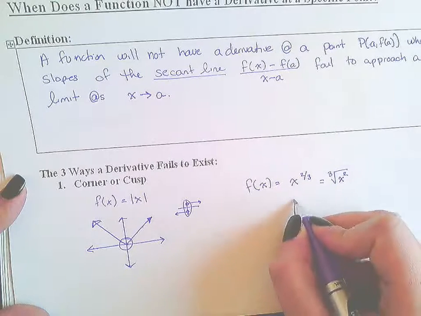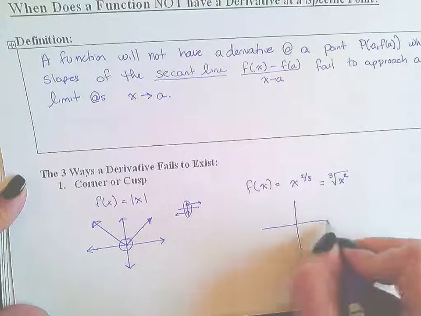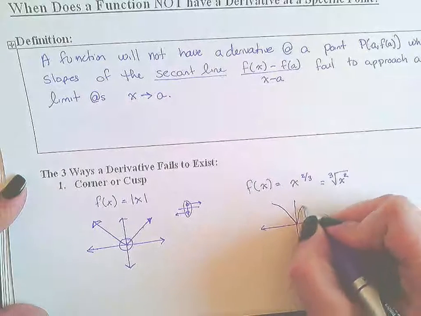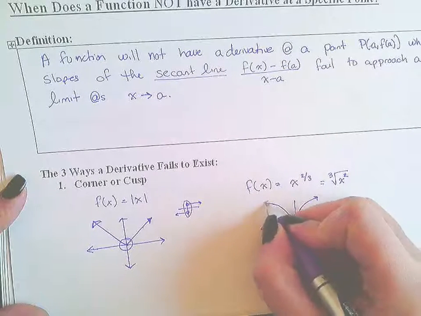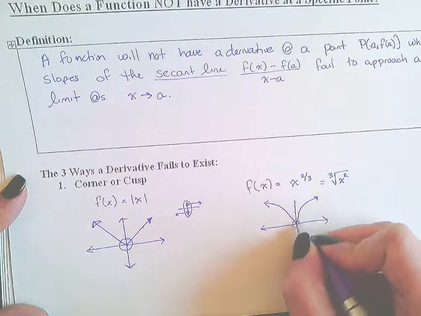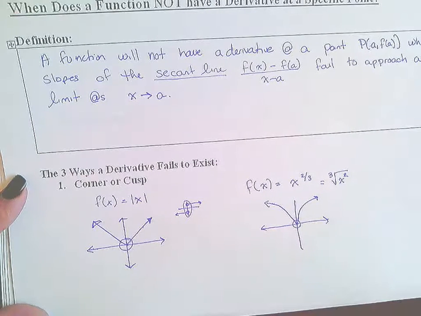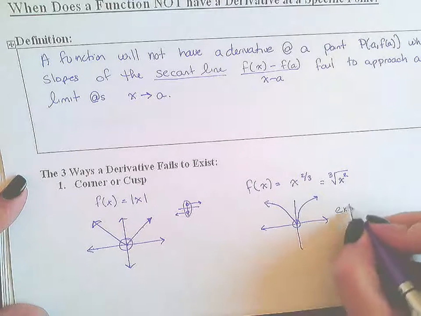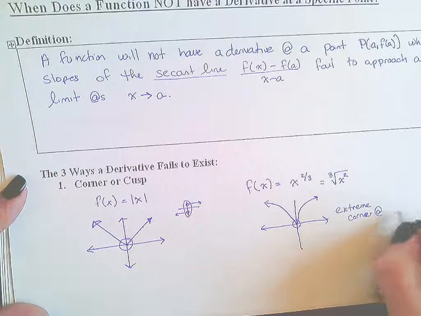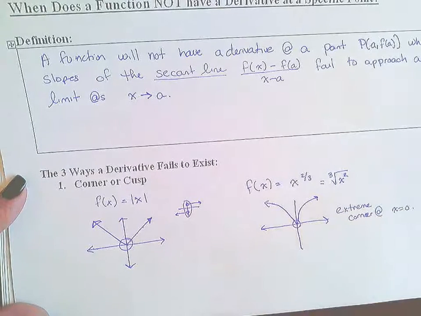And this graph looks like an absolute value, except it kind of does like one of those. So this is a cusp. It's like a corner. You have a very sharp corner where the slope suddenly changes at x equals 0. So there's an extreme corner at x equals 0. Okay?